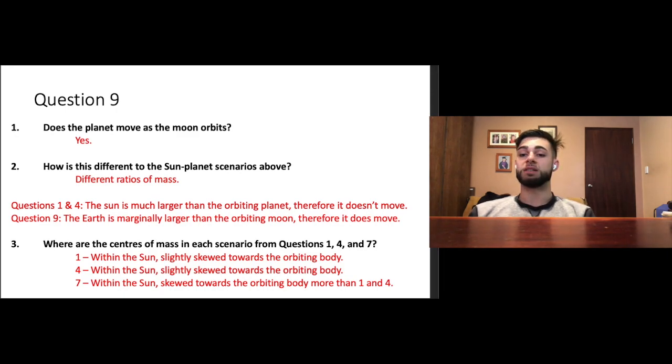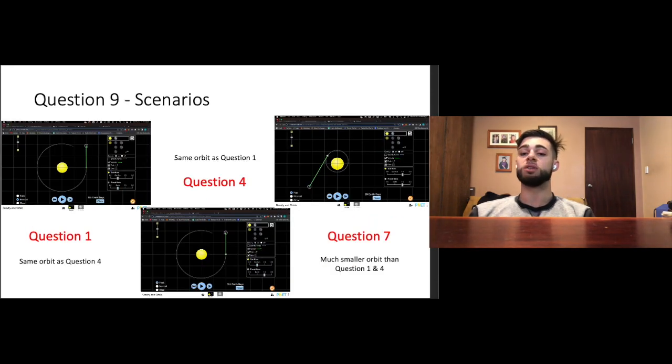As for the centers of mass in these questions, due to the significantly larger mass of the Sun in comparison to the orbiting planetary body, the center of mass for questions 1, 4, and 7 are all very close to the center of orbit. As the orbital path for question 7 is considerably shorter than in questions 1 and 4, its center of mass is therefore slightly closer to the center of the Sun in comparison to questions 1 and 4.